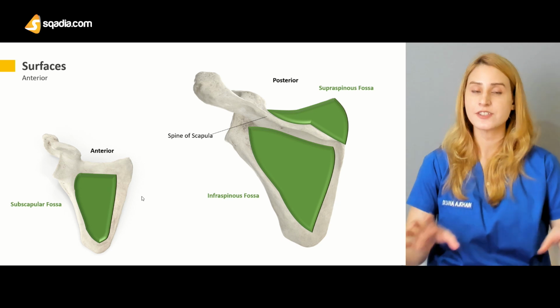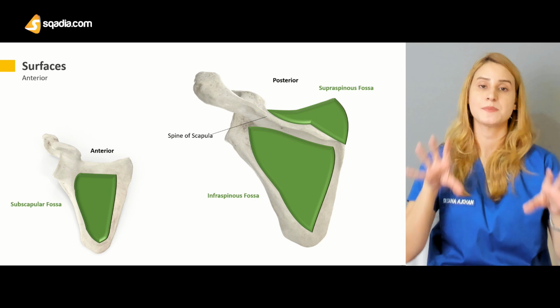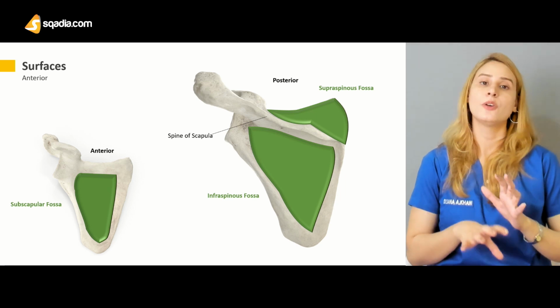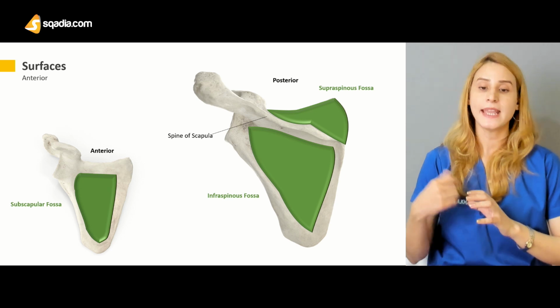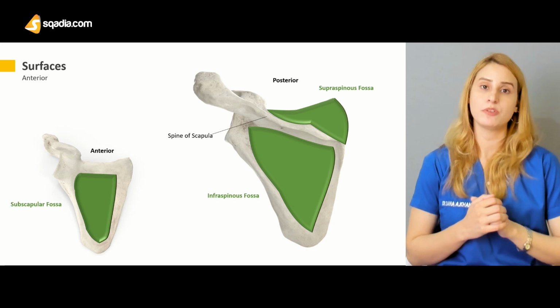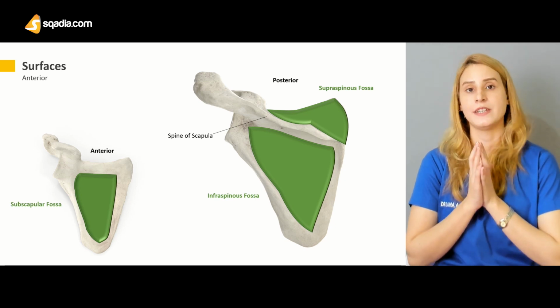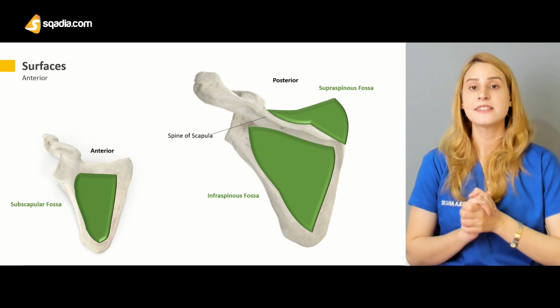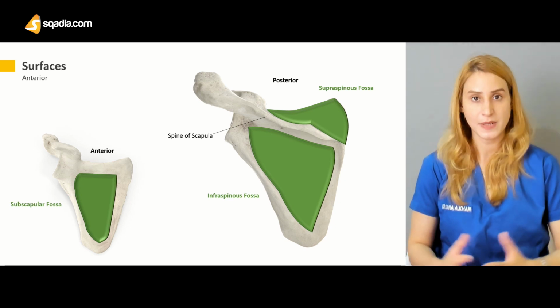So the anterior surface has the subscapular fossa for the attachment of the subscapularis muscle, which is part of the rotator cuff muscles. Then you have the spine of the scapula on the posterior surface, dividing it into two parts: the supraspinous fossa and the infraspinous fossa.